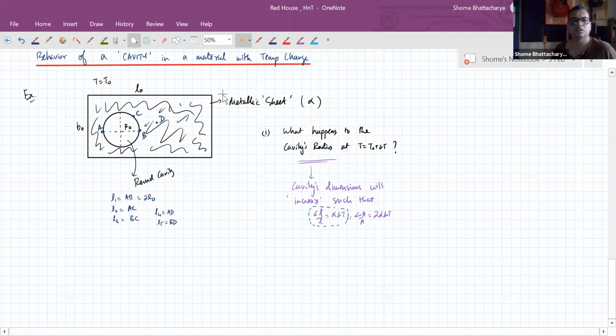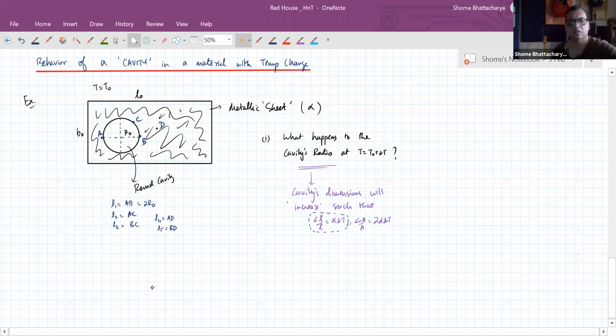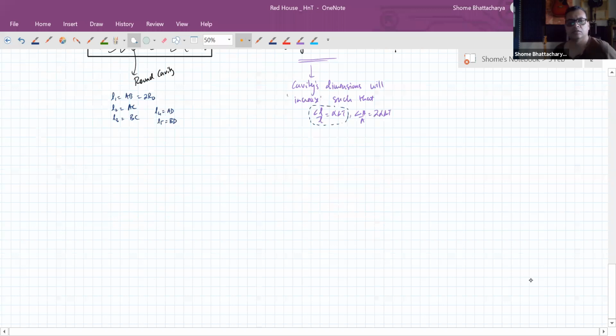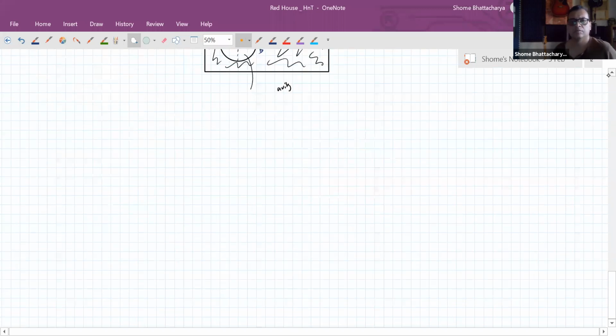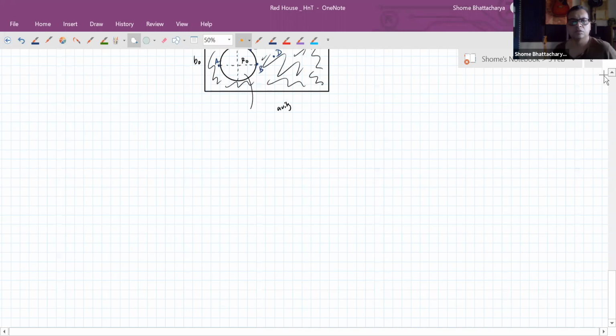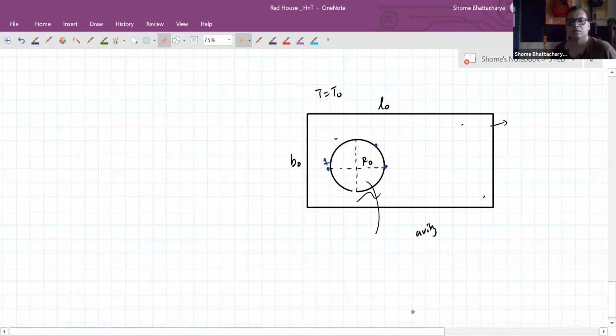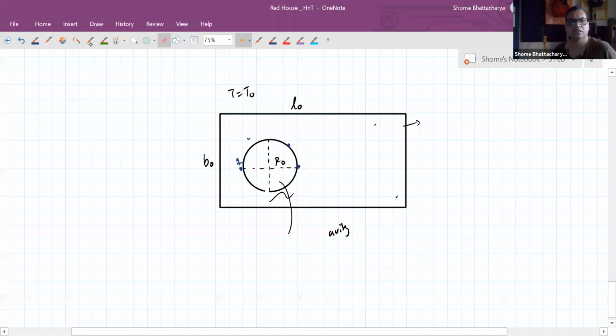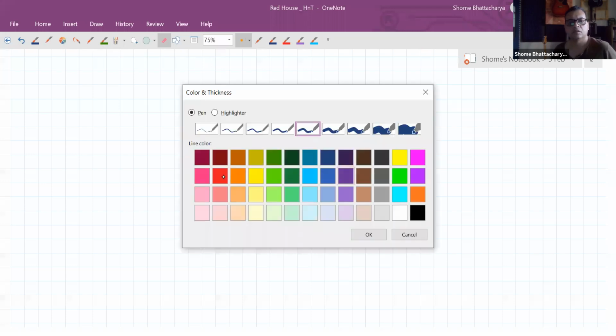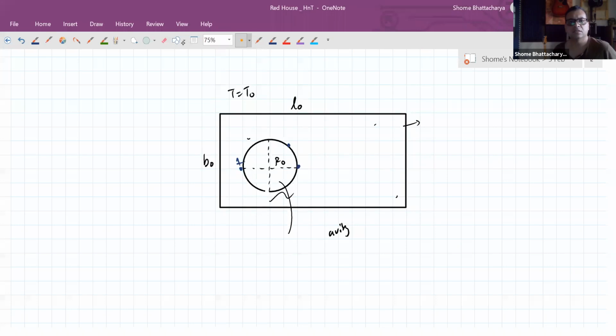So if this was the shape at this temperature, then at a new temperature, what should happen is that the whole body should expand in such a way that something like this occurs.